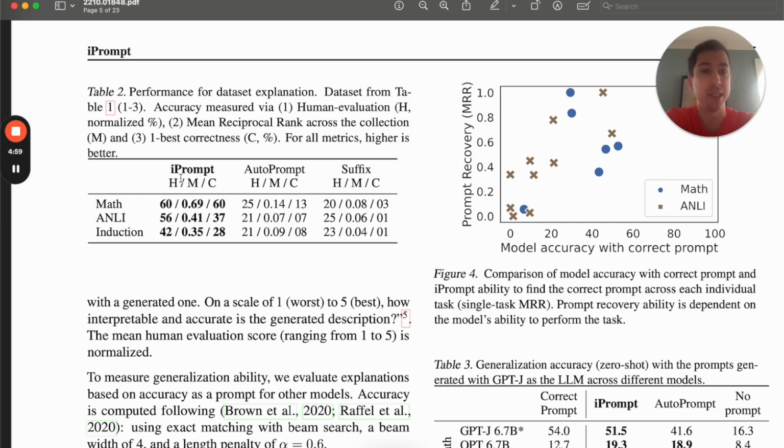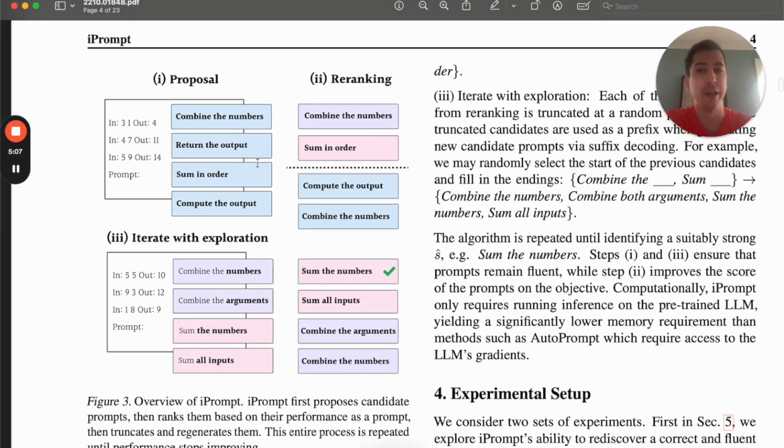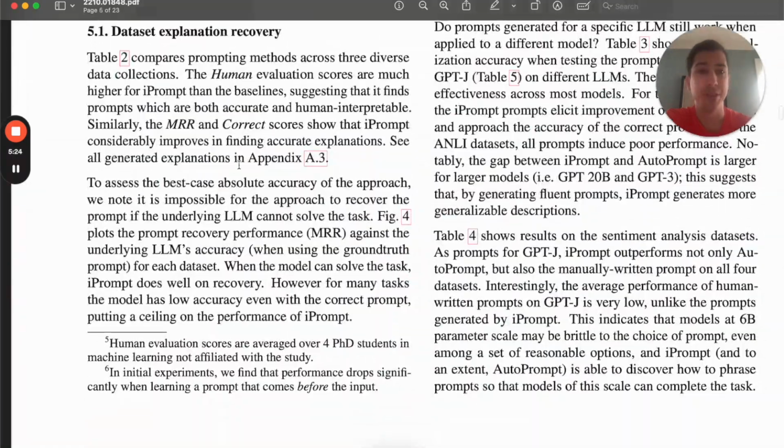It seems kind of obvious that this would happen, but to creatively come up with the idea of doing this, finding this transformation function by using first GPT to write the transformation function, and then second to actually use that instruction as an instruction with the data set to evaluate it. So I think this is a pretty cool piece of work.